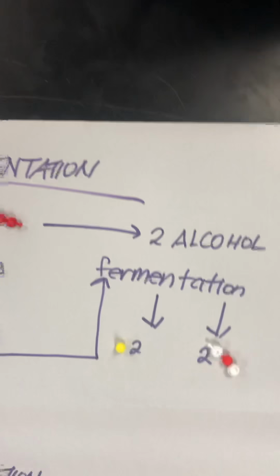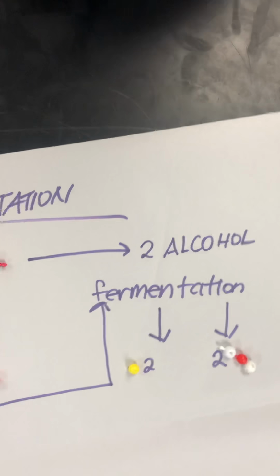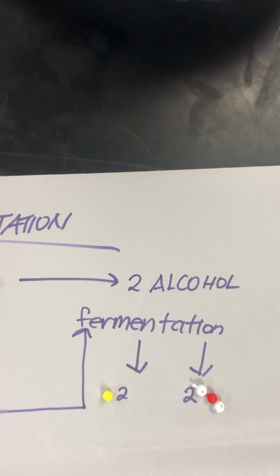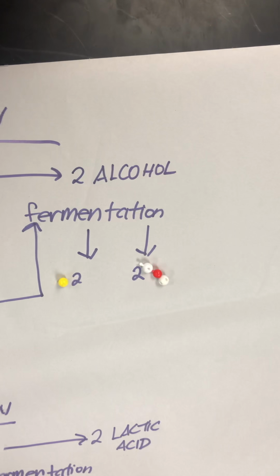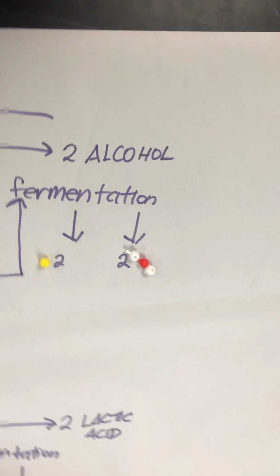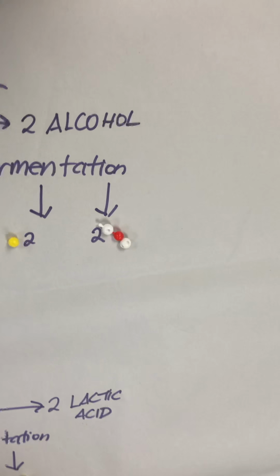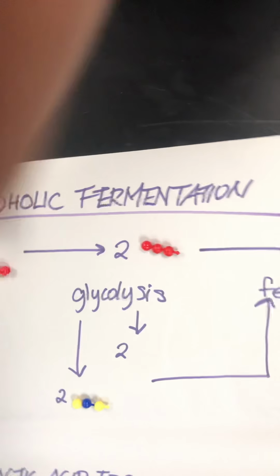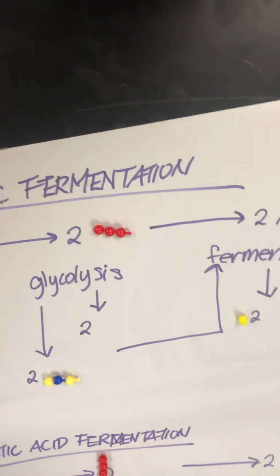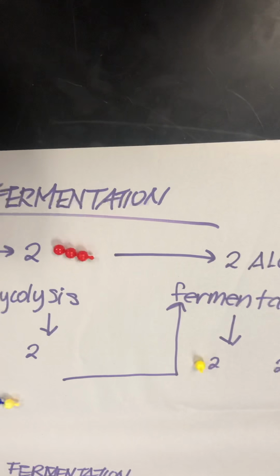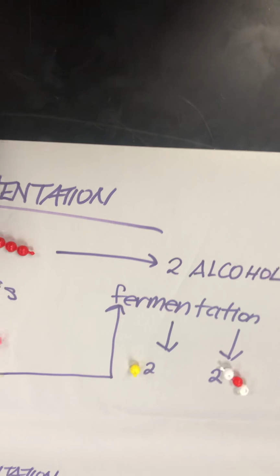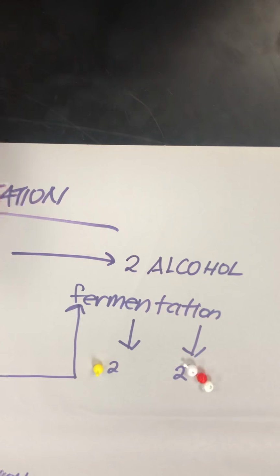Wait, I thought you produced 2 ATP from fermentation. So why did this end up with 2 NAD plus and 2 CO2 and not 2 ATP? Essentially, from breaking down the glucose into pyruvate, 2 ATP molecules are produced, while the pyruvate ferments into the alcohol.